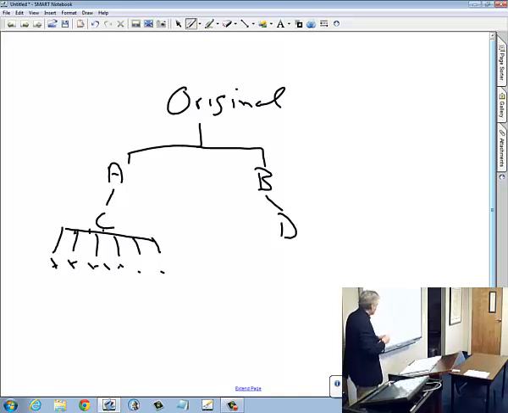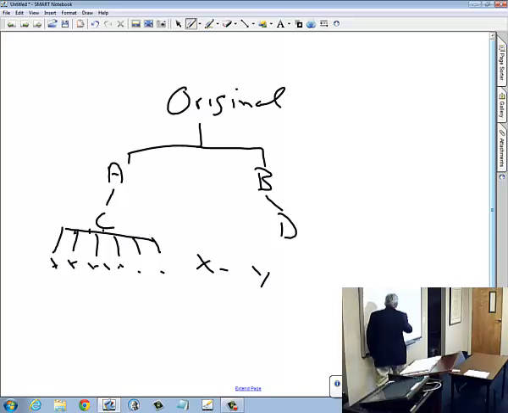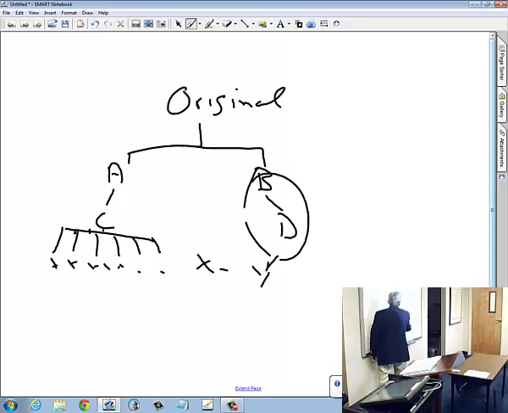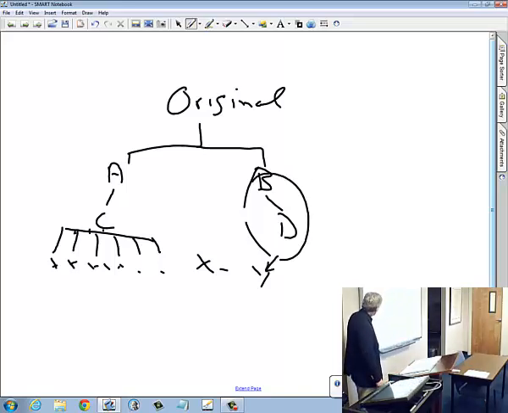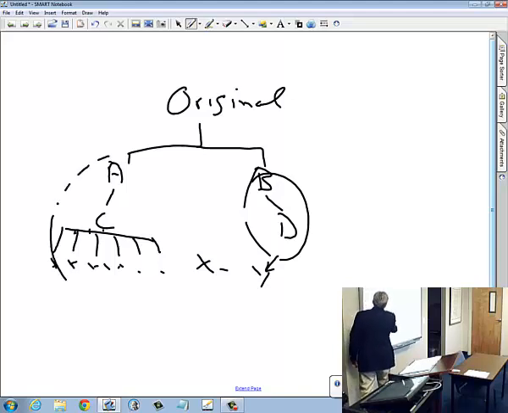I start looking at those manuscripts, collating them, comparing them, and I learn that I have two readings: a reading X at a particular point and a reading Y. And it appears from the evidence that Y is represented only in manuscripts B and D, and reading X is represented by 1, 2, 3, 4, 5, 6, 7, 8, whatever it was.